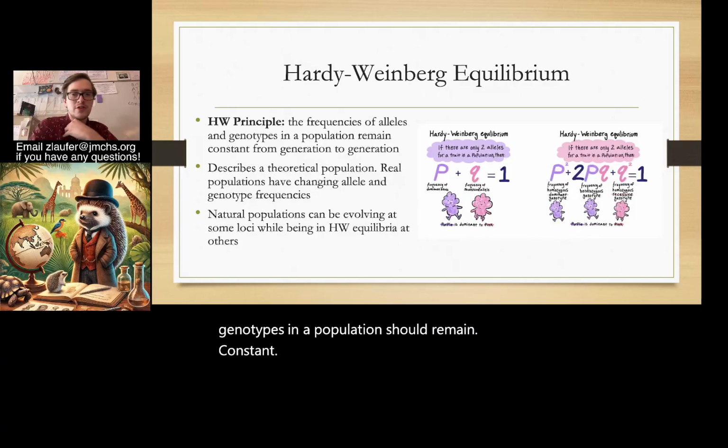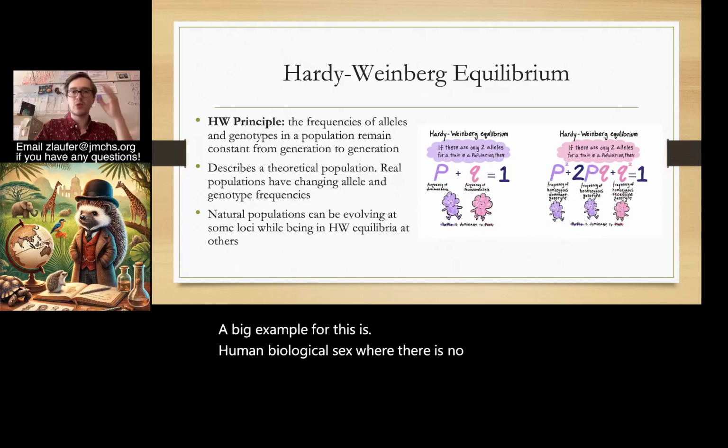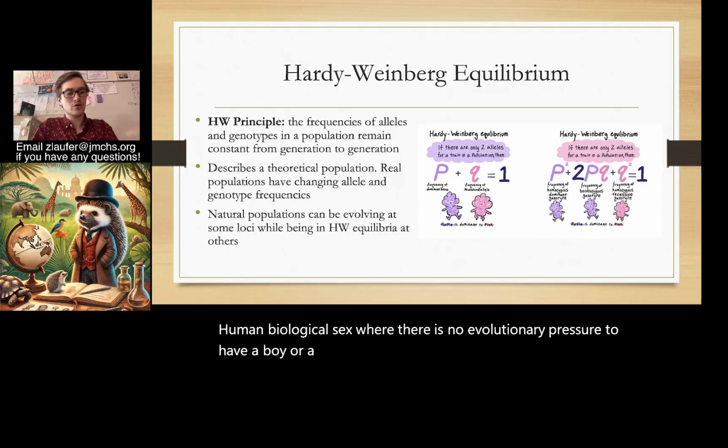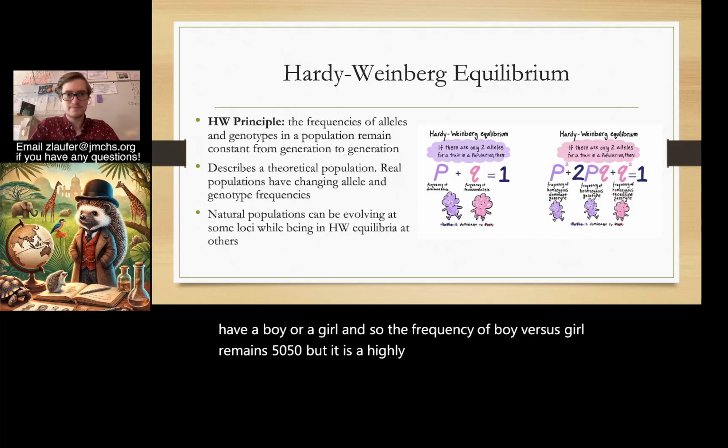A big example for this is human biological sex, where there is no evolutionary pressure to have a boy or a girl, and so the frequency of boy versus girl remains 50-50. But it is a highly theoretical principle.